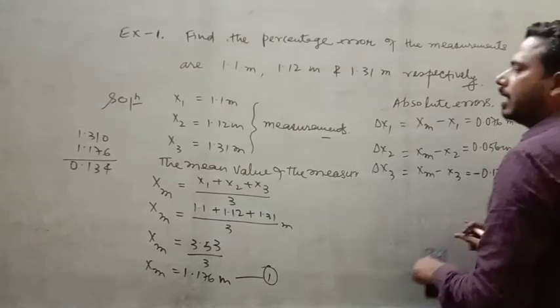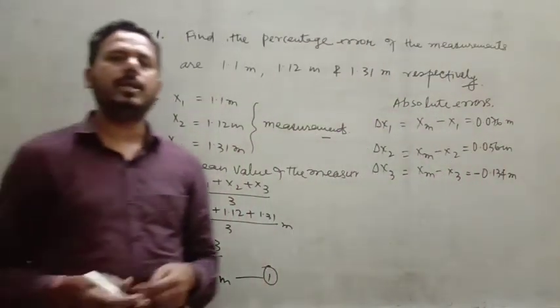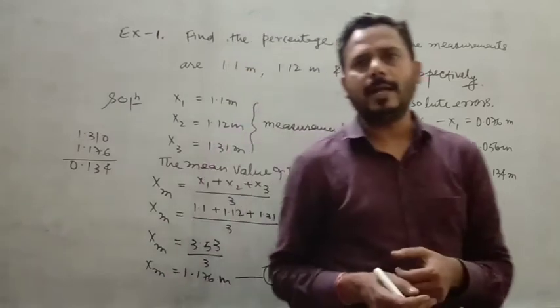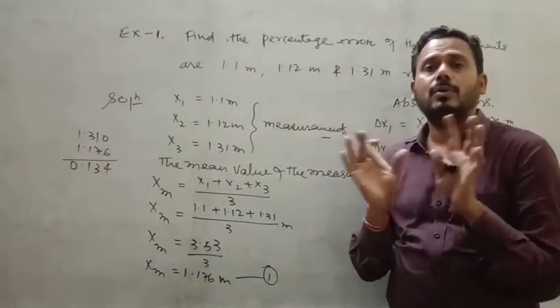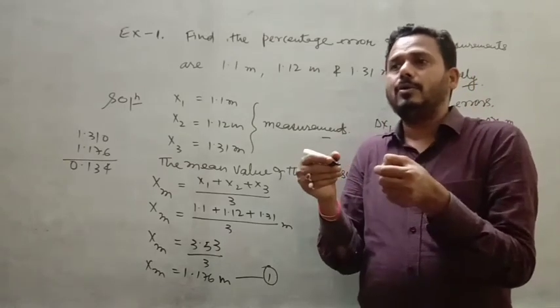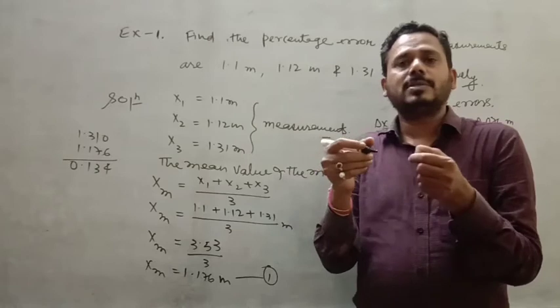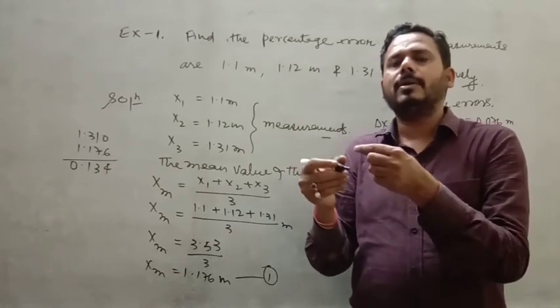Negative stands for a fault in your measurement. The negative sign doesn't mean that your subtraction is wrong. It means that, suppose you measure 1 meter, next time you measure 1 meter again, but it becomes 1 meter 1 centimeter.